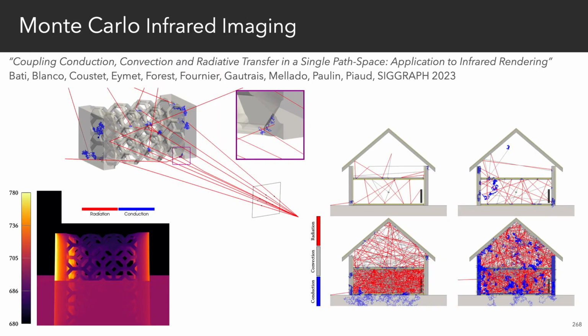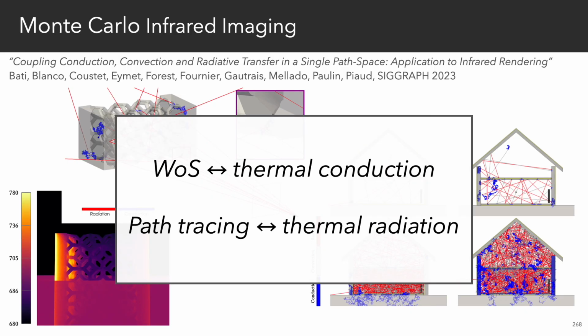There's also recent work on infrared imaging, which provides a unified Monte Carlo framework for jointly simulating the coupled physics of thermal conduction and radiation through a combination of walk on spheres and ray tracing. Building multiphysics solvers that also incorporate convection is an exciting direction for future research.